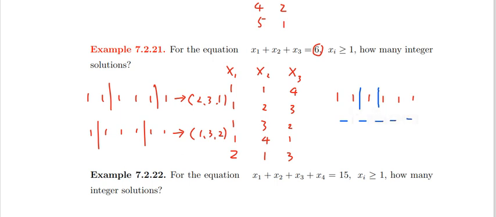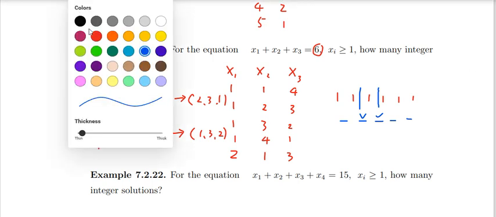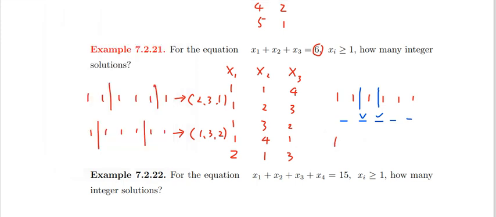So this one we can put a bar here, okay? We can put a bar, maybe put a bar here. Let's say we have 6 bars, and we want to split.